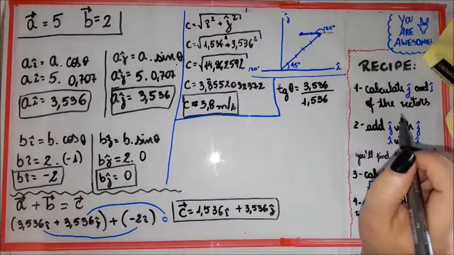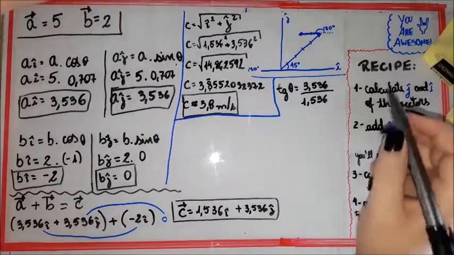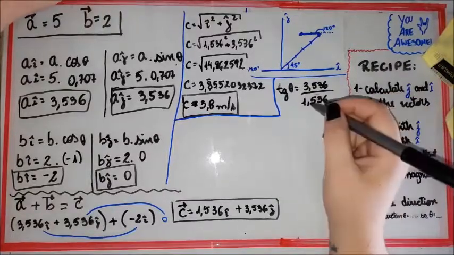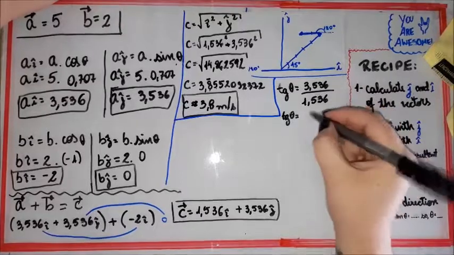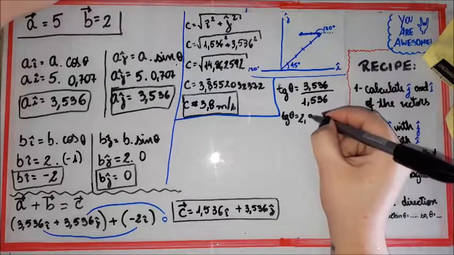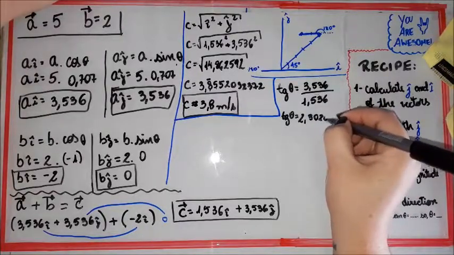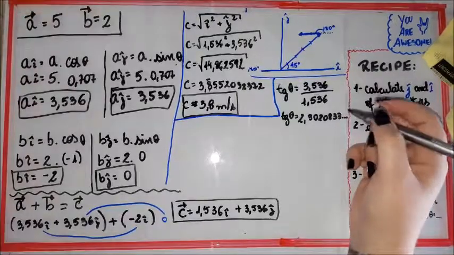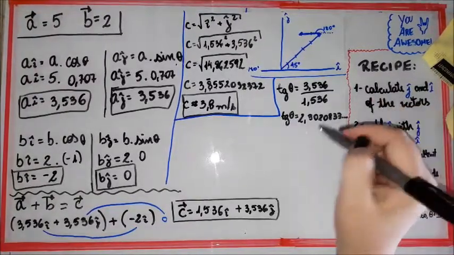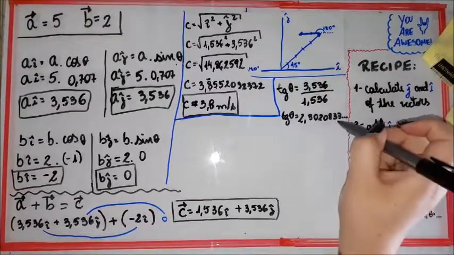Calculating this, we have something like that, 2.3020833 and so on. This is an arc, right?